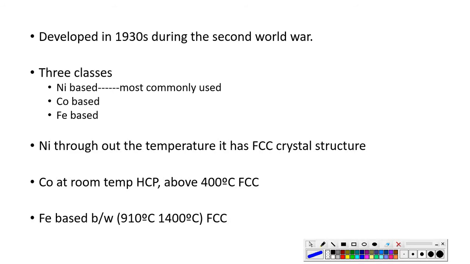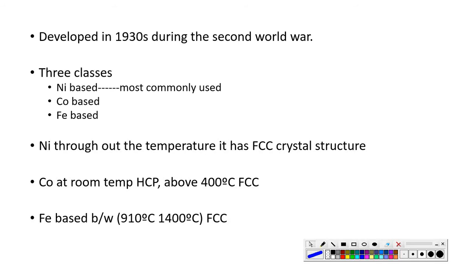And next one, cobalt. We use cobalt to develop cobalt-based superalloys, and it has an HCP crystal structure at room temperature, but at higher temperature it has an FCC crystal structure. And for iron-based superalloys, we know between 910 degrees Celsius and 1400 degrees Celsius, iron is in the austenite state.